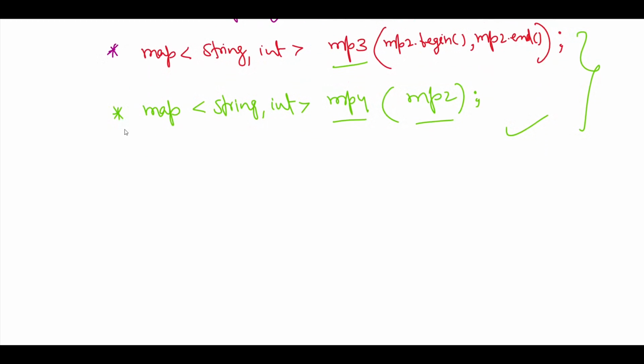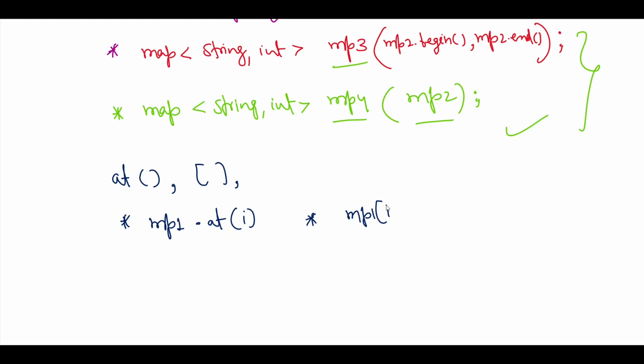Now we have some operators available here. One is at, one is this square bracket, and both of these are used to access the elements of these maps. So you can use mp1 dot at and ith index if you want to access. If you want to do same task using this square bracket, so you have to do something like this: mp1 and I. So basically it's not accessing first element or ith element.